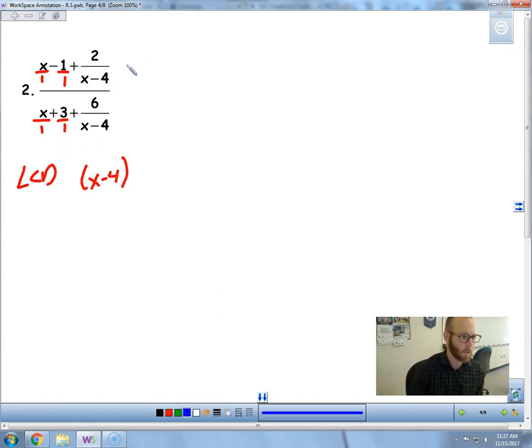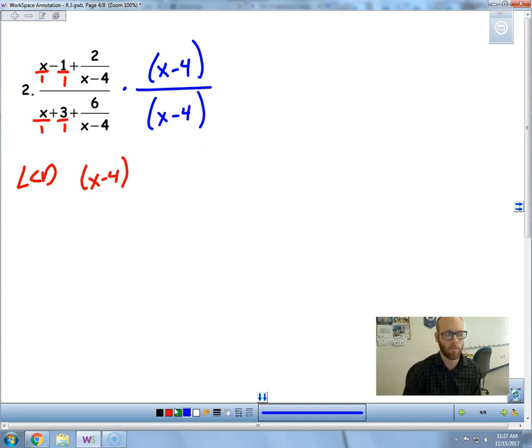So now what I'm going to do is I'm going to multiply my complex fraction by x minus 4 over x minus 4. To do that, I have to be a little bit more careful than the last one. I have to realize that I need to distribute it into every term in the numerator and every term in the denominator. So here we go.